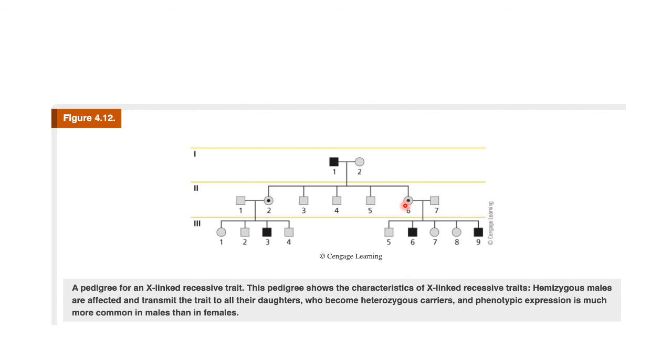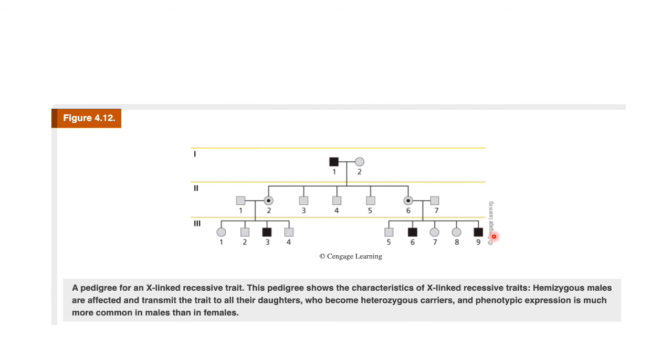And when she passes on, she has a 50% chance of passing on that gene to a male. And so in this case, you'll notice that the males are automatically affected because they only need to gain one X chromosome from the mom in order for them to express that recessive trait, since they only have one X. And so as long as they inherit just one X recessive from the mom, they will express that disease.